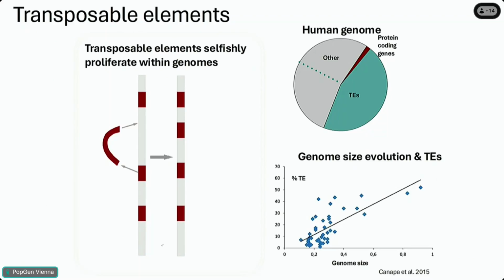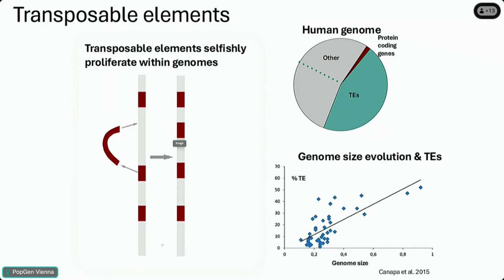Probably many of you already know this, but I give the standard introduction. Transposable elements are bits of DNA that are inherited from parent to offspring, like other genes, but they also replicate within genomes, so they can change their copy number through time. This is a really successful evolutionary strategy that has evolved multiple times and gives rise to a lot of the DNA in genomes.